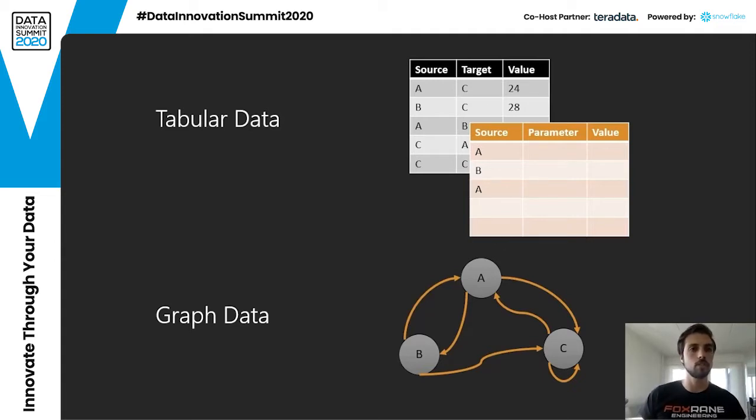So if there's a transaction from bank account A to bank account B, then these two will be related in the graph. So this is some way of introducing more information into the data set. It's kind of doing data augmentation at some point.